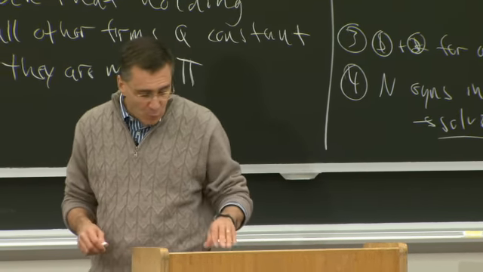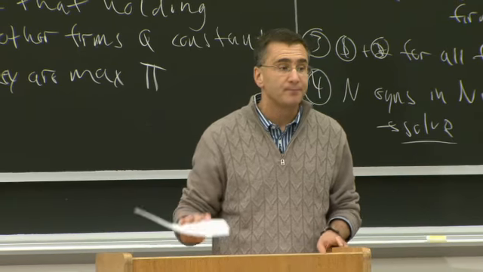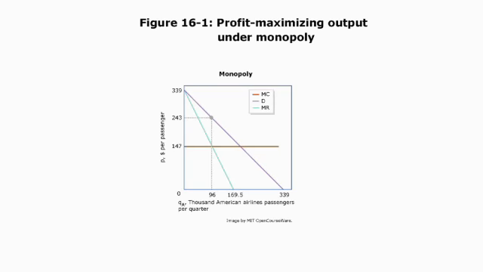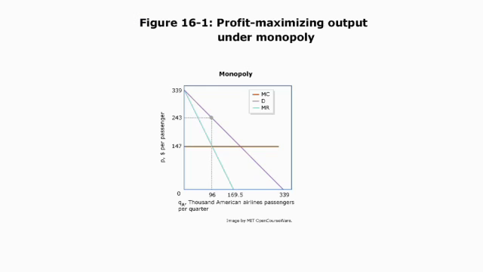Let's start by considering the case of American Airlines, with figure 16.1. Say the demand curve in this market is of the form P equals 339 minus Q. So 339,000 flights are demanded each month in the whole market.